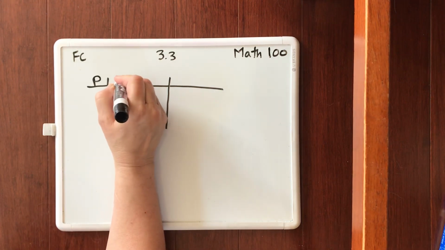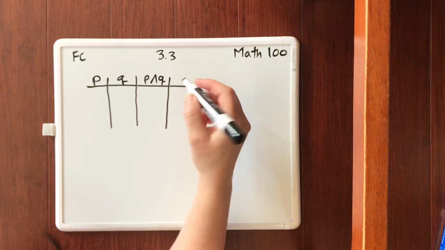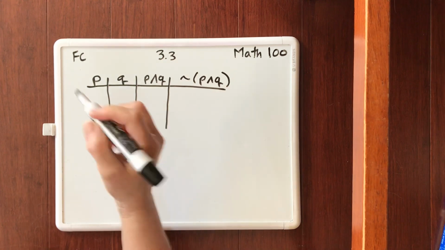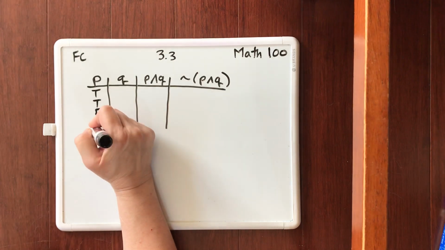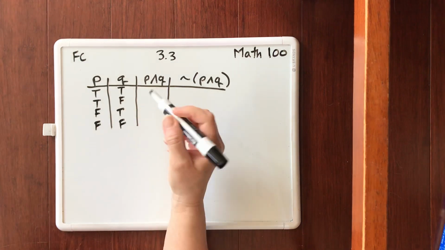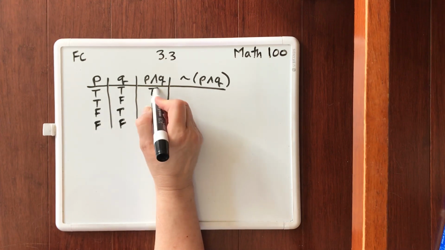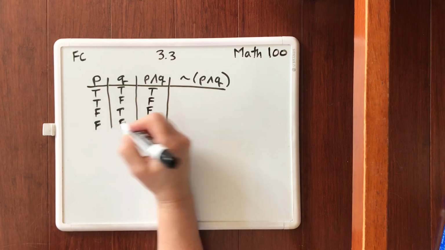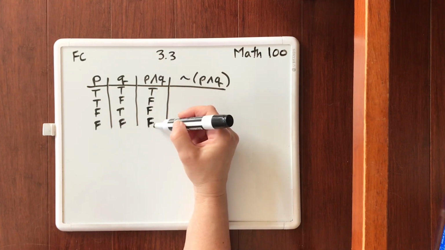So here's P, here's Q, here's P and Q, and here's not P and Q. Okay, so we have two elements, so we'll start with our true, true, false, false, and then every other one, true, false, true, false. Okay, in order for P and Q to be true, they need both to be true. So true, true is a true, true, false is a false, false, true is a false, and false, false is a false.